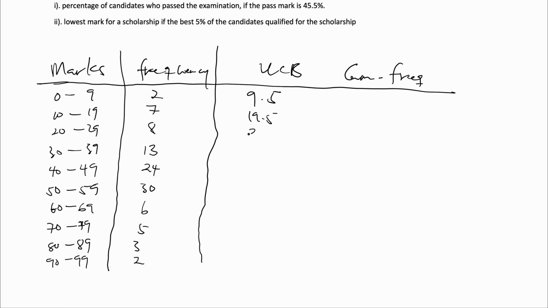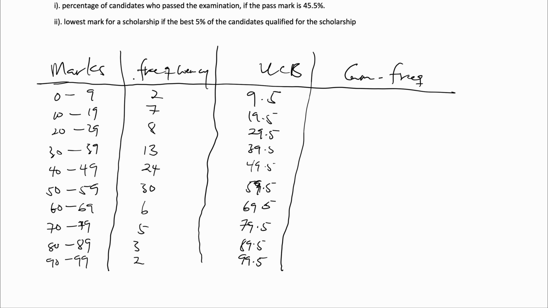So we have 29.5, 39.5, 49.5, 59.5, 69.5, 79.5, then 89.5, and 99.5.